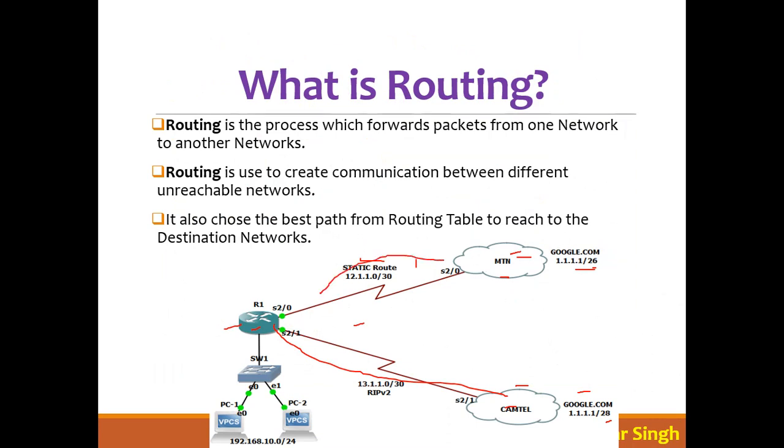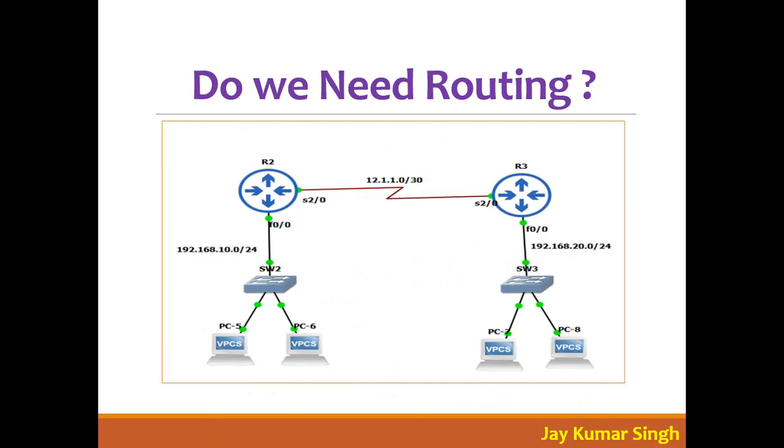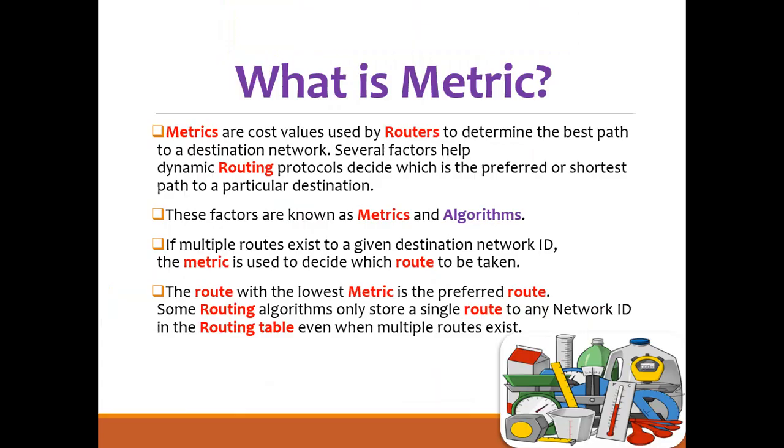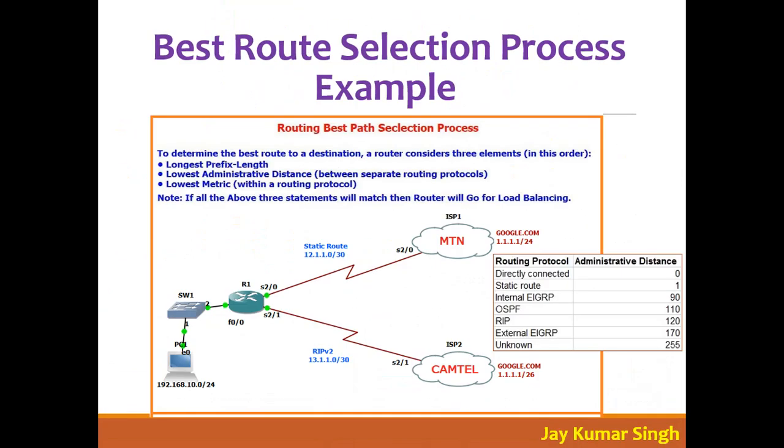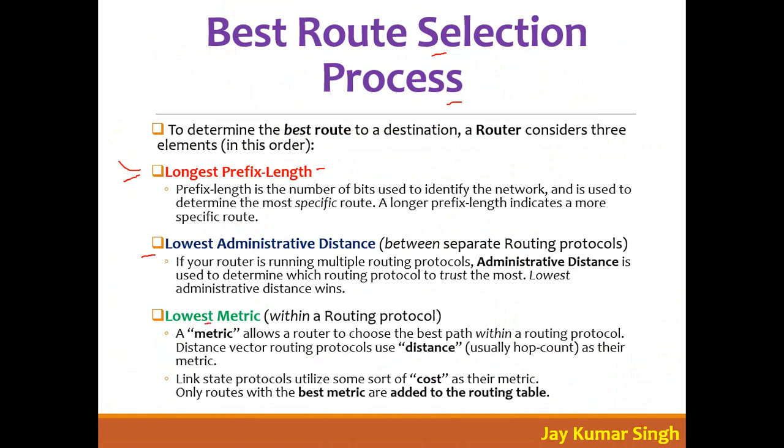MTN, ISP. Now assume that this is also RIP and this is also RIP. The prefix is also the same, and the routing protocol is also the same. Then they will go with the lowest metric, which means the smallest hop count on the link.